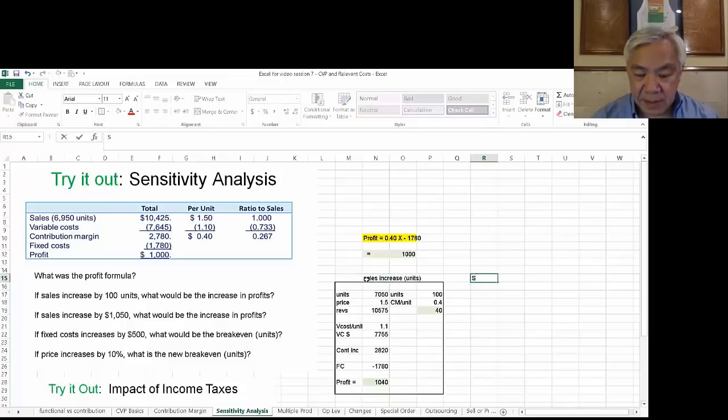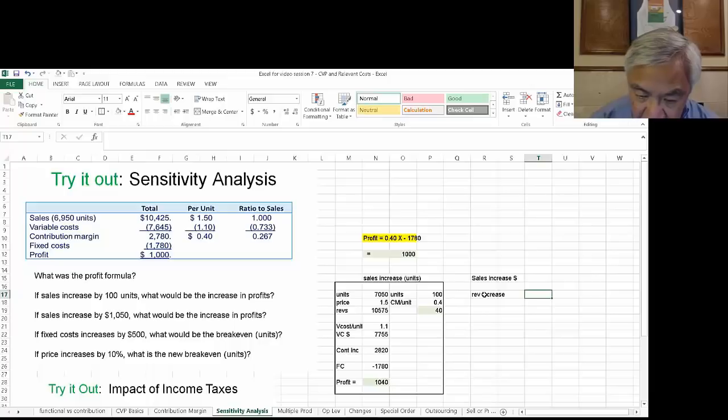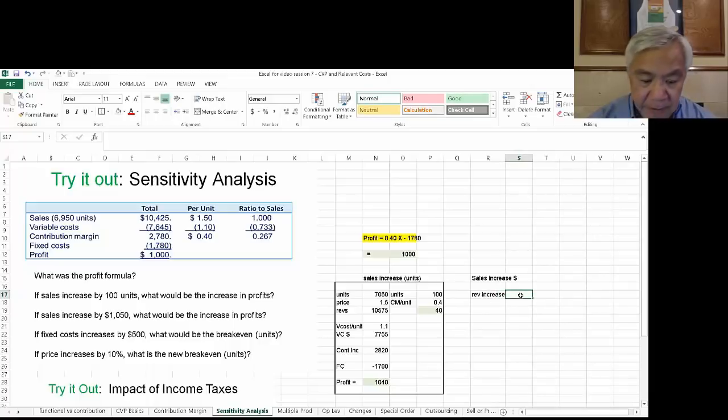Okay, now we do sales increase, but not in units this time, but in dollars. So sales increase, and now it's going to be in dollars. So notice that we have here the ratio to sales of 26.7%. So we could use it here. Revenue increase, and that is equal to 1,050.